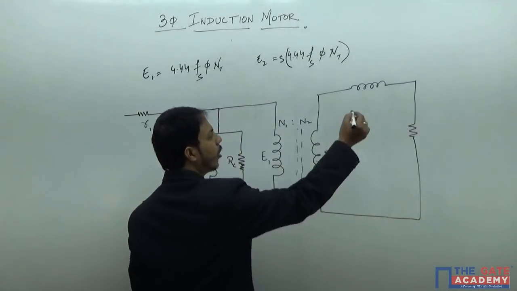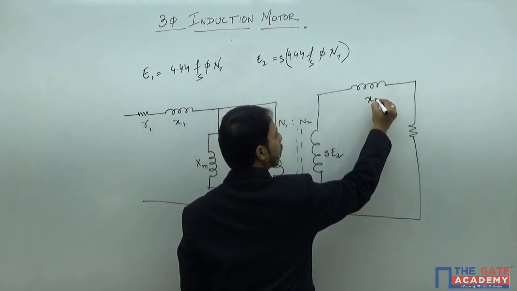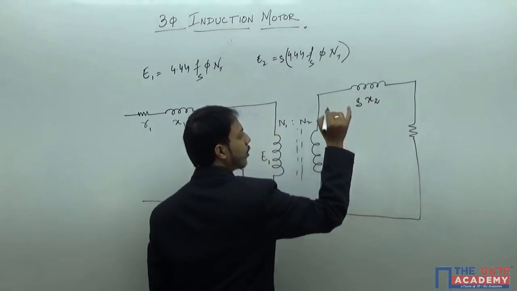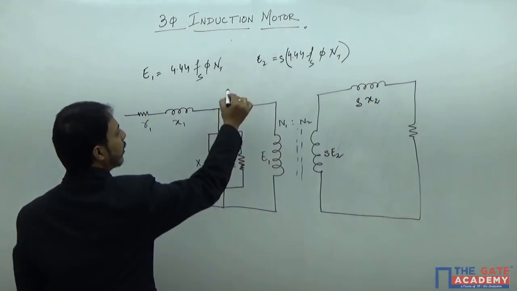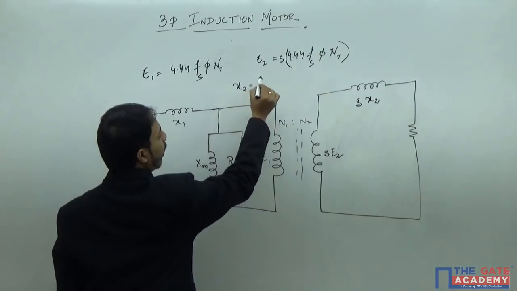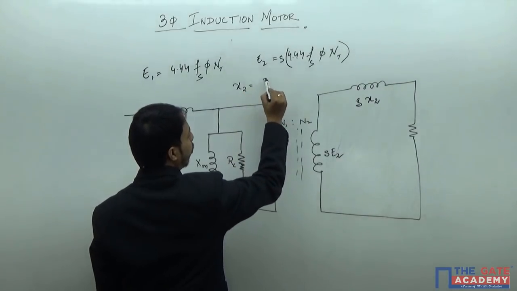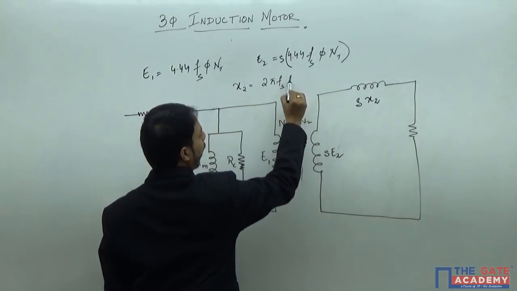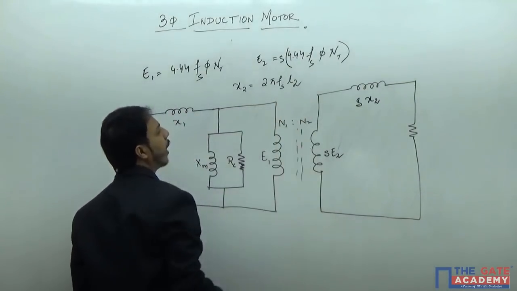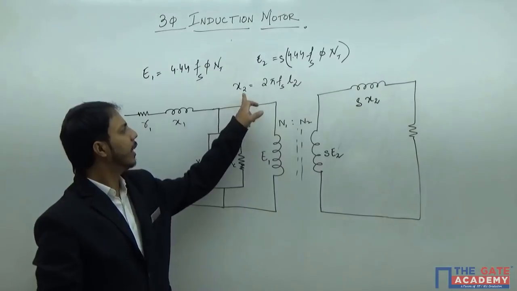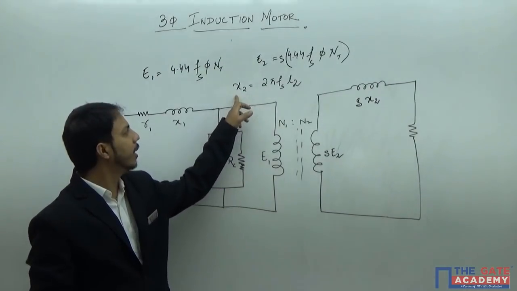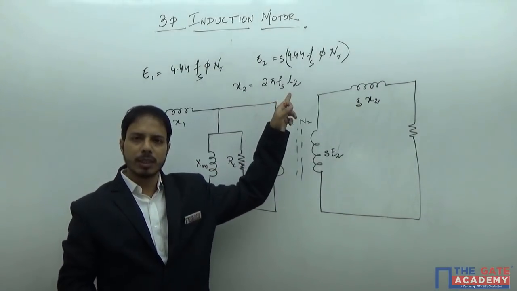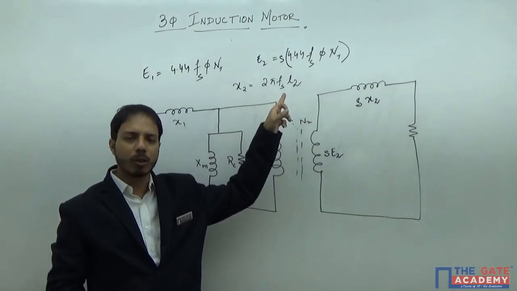Now this is X2 into S. Again we know X2 is nothing but 2 pi F into L2. Now again you see this reactance is when the rotor is at the starting, when the rotor is not rotating.